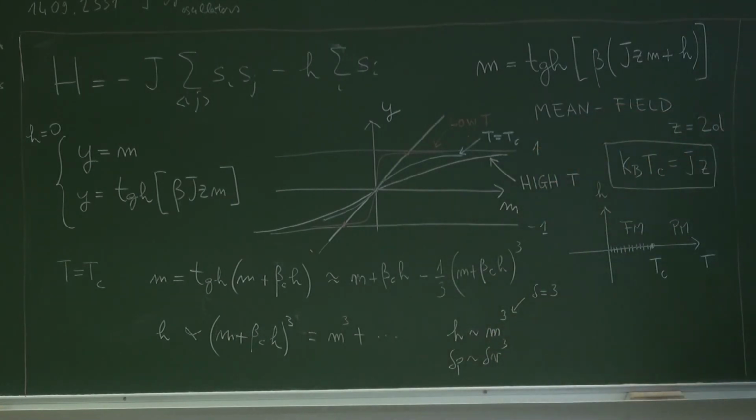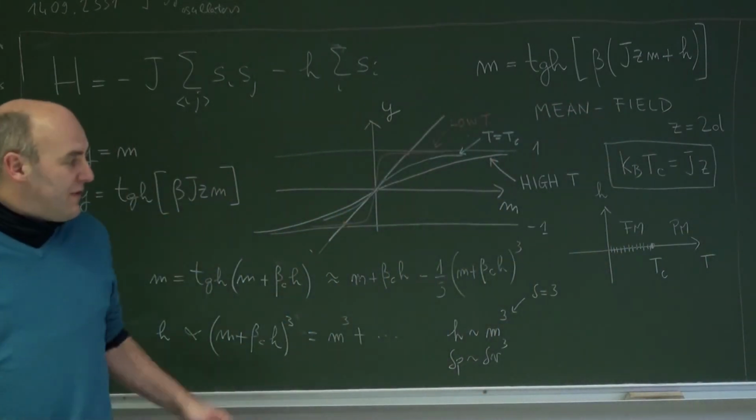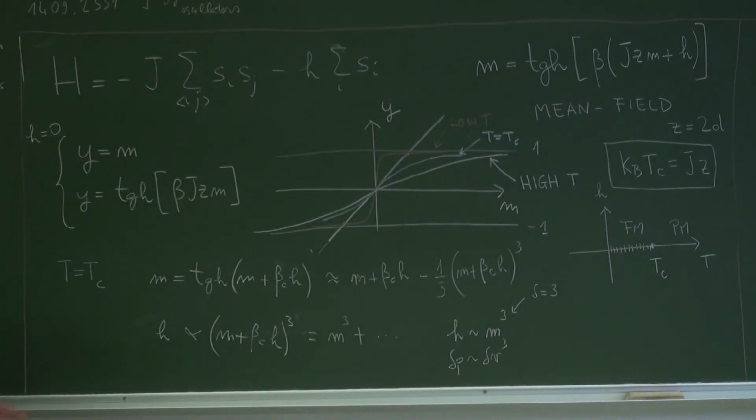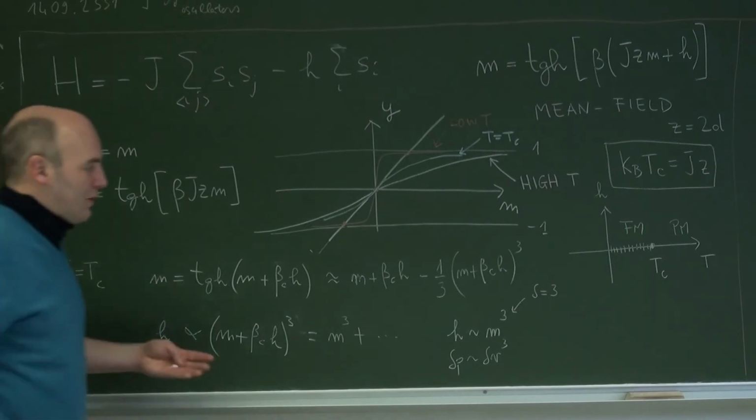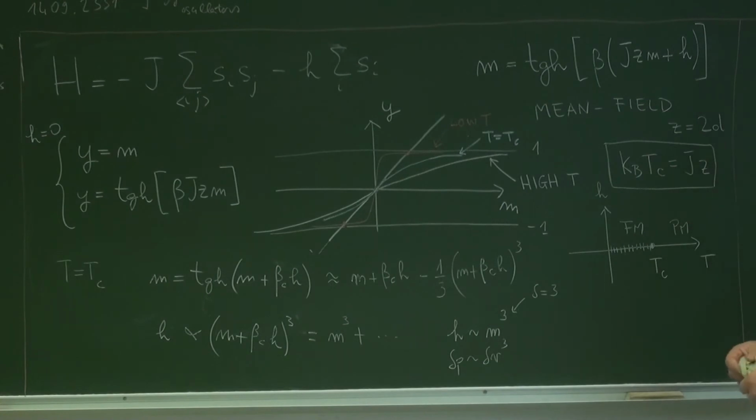This is exactly the same story. So we are doing exactly the same type of analysis as the van der Waals model, and we find very similar results, namely that all the thermodynamic quantities around the critical point behave as power laws, and through the analysis of these power laws, we can define some critical exponents.